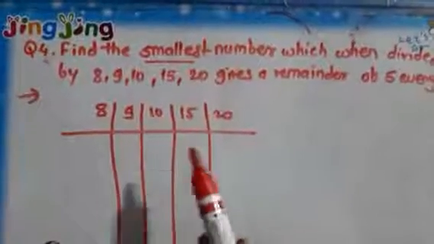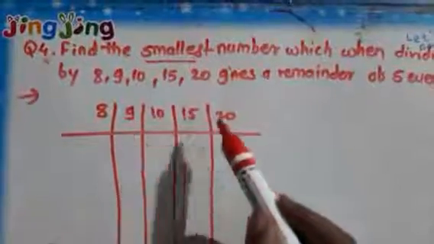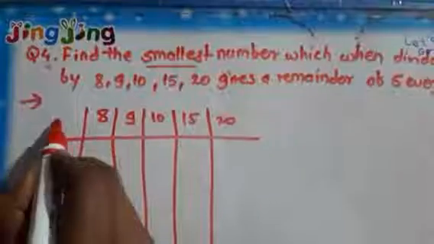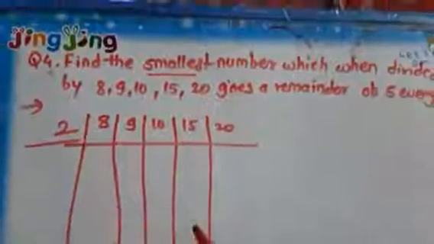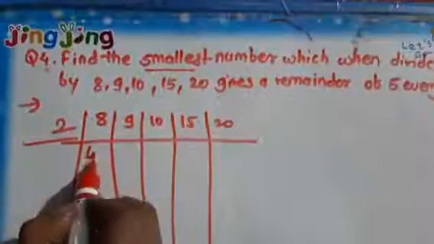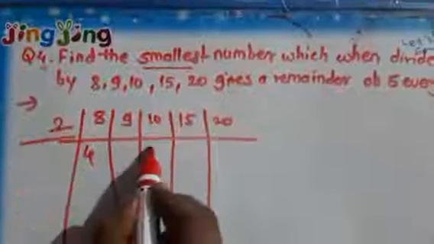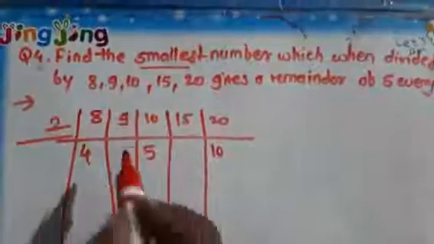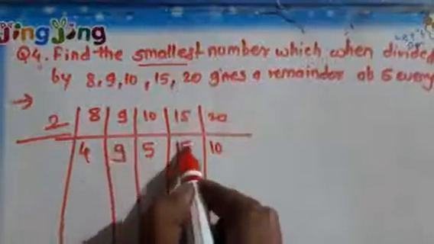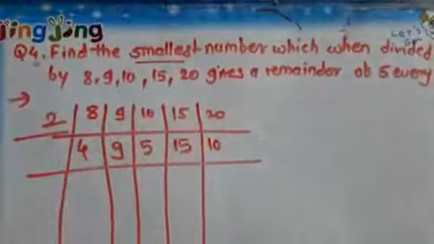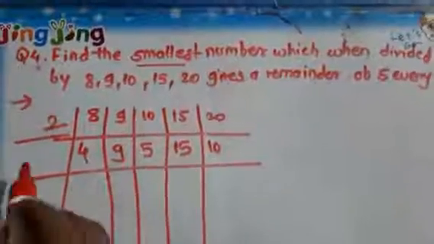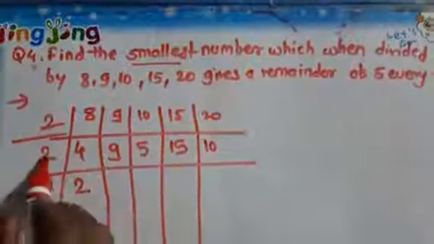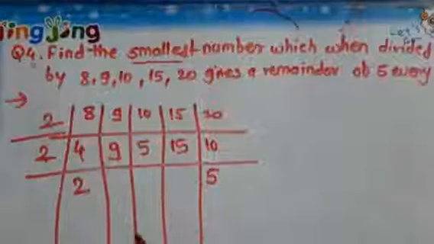Out of all these numbers, 8, 10 and 20 are divisible by 2, so for them we can take 2 as a common factor. 2 fours are 8, 2 fives are 10 and 2 into 10, 20. Remaining numbers write as it is. Now again for 4 and 10 we can take 2 common. 2 twos are 4, 2 fives are 10.